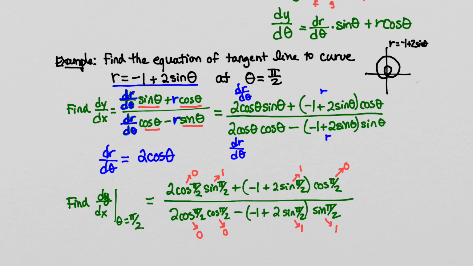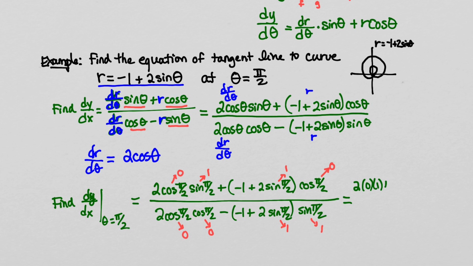So really, what is this giving us? It's giving us 2 times 0 times 1 on top, plus negative 1 plus 2 times 1 times 0, all over 2 times 0. Oh, this isn't very interesting, Tina.